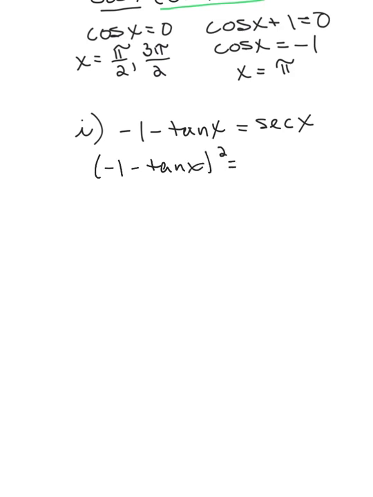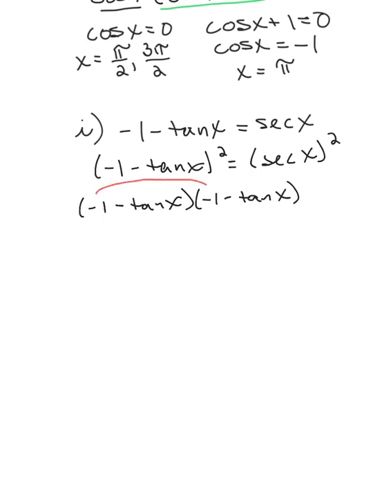So I'm going to square -1 minus tangent x, and I'm going to square the secant of x. Now remember that -1 minus tangent x, the whole quantity being squared, means I'm taking -1 minus tangent of x times itself. That means that I am going to need to use FOIL. So doing FOIL on this, if I take my first times my first, I'm going to get +1.